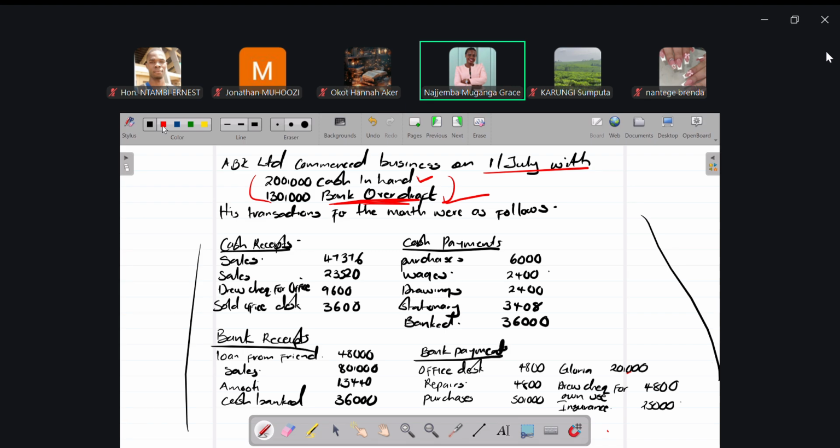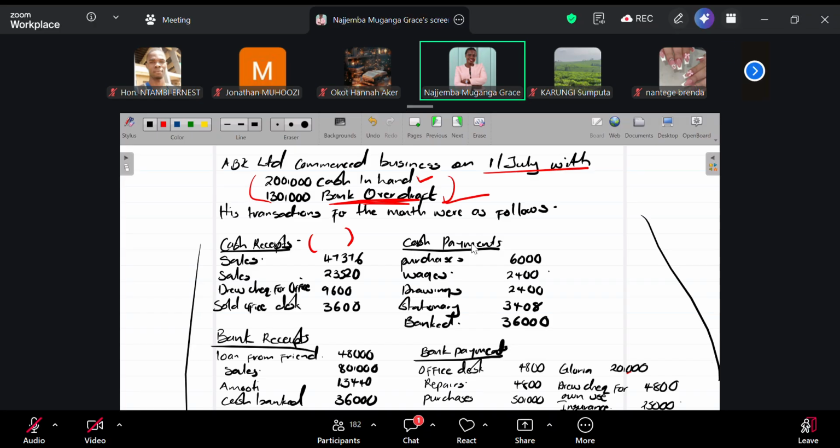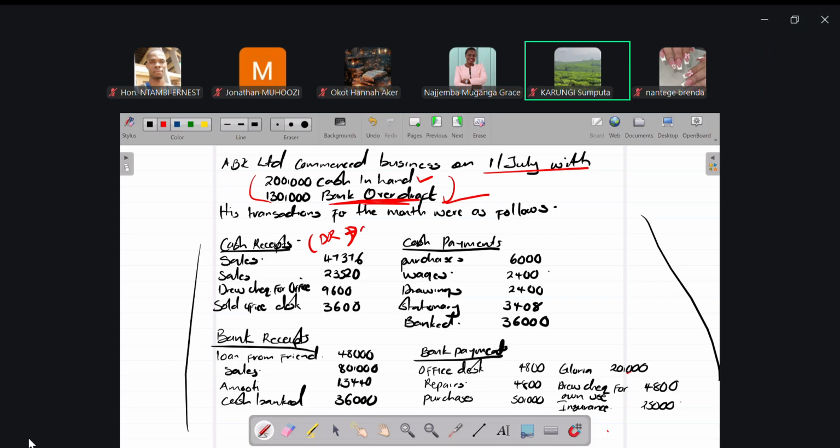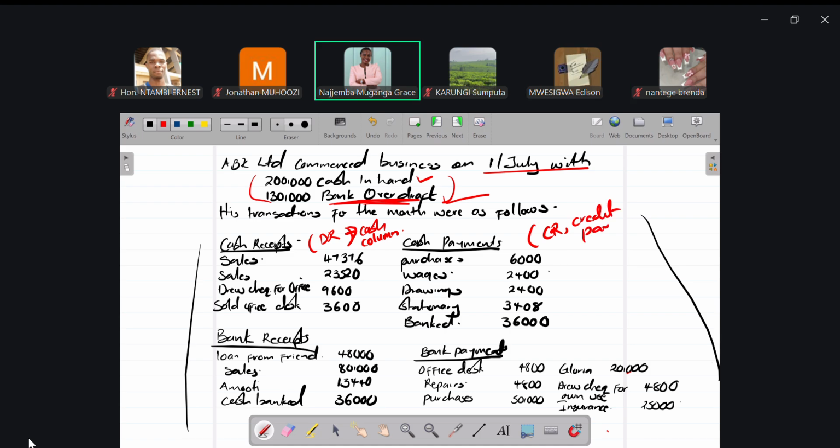So all these cash receipts should be posted on which side? Debit side, under the cash column. Then the cash payments are posted on the credit side under the cash payments.